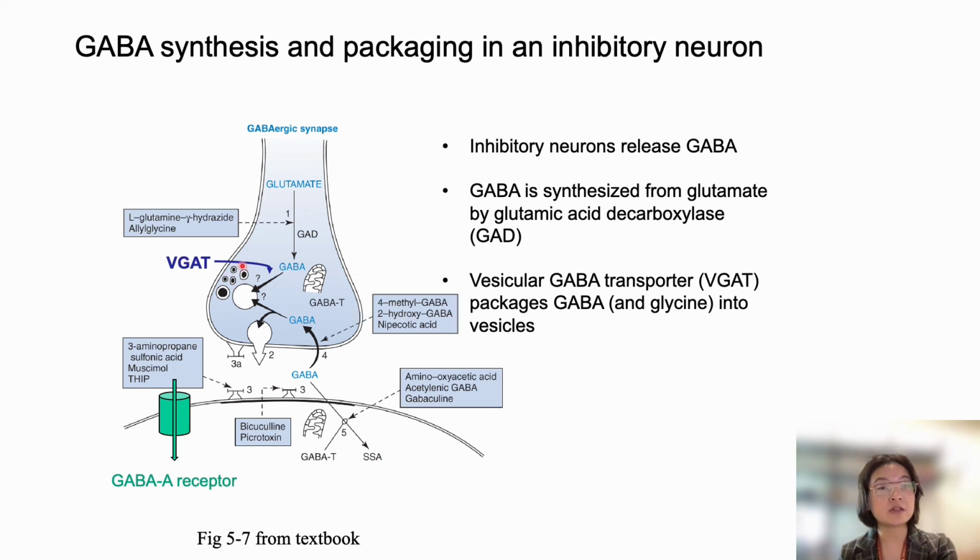GABA is then packaged into vesicles by the vesicular GABA transporter, or VGAT. Note that VGAT is also able to package another inhibitory neurotransmitter, glycine, into vesicles. I've put the GABA-A receptor here on the postsynaptic side that would then receive the GABA inhibitory signal from this presynaptic neuron.